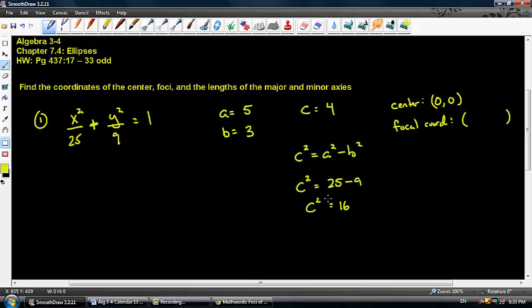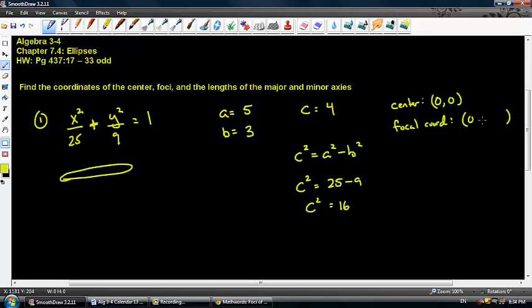Now, remember, the foci is always lying along the major axis. The major axis is a squared. It's the bigger number in this case. The bigger number in this case is 25, which means that my ellipse is going to look kind of like this, because the bigger number is underneath x squared. So hopefully that makes sense to you.